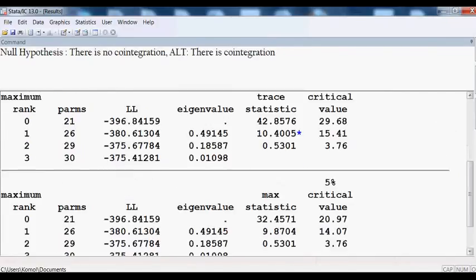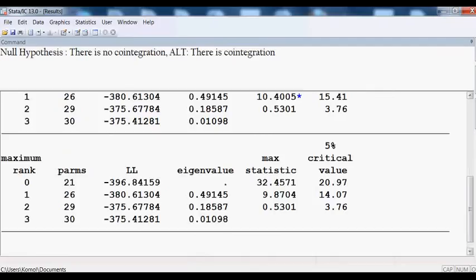Okay, then we also have one more test, that is max statistics. The way is the same.